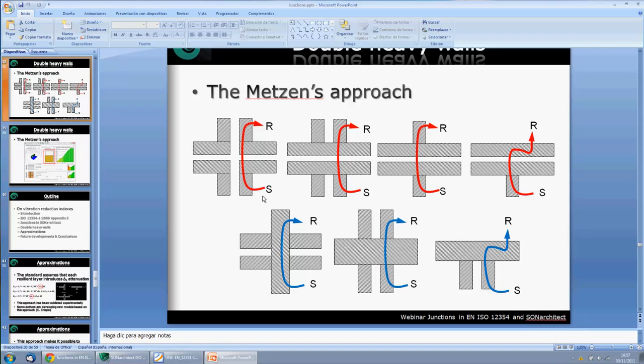I mean, when you are calculating the vibration reduction indexes from one room to the room in the same floor, the source and the receiver will not be up and down, but from side to side. And then the medicine approach will be applied to this specific configuration. I mean, this example that I showed you was just for these specific positions of the source and the receiver.